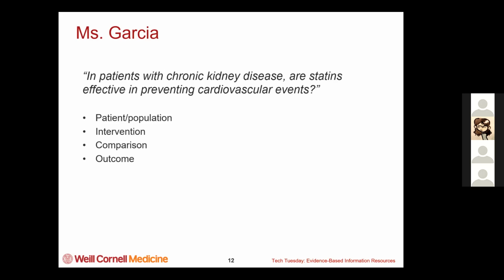And what's the outcome we're interested in? Oh, so a comparison, Dr. Bussell notes, could be aspirin as opposed to statins. Okay, thank you, Eva. Yeah, it would be preventing cardiovascular events as our outcome.